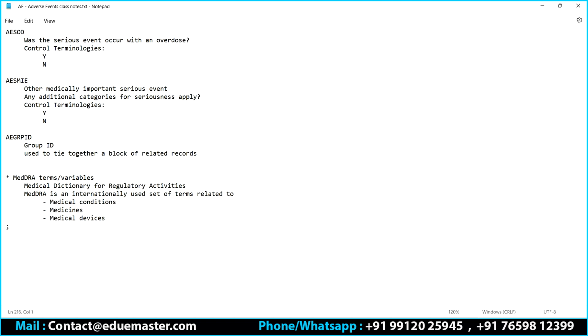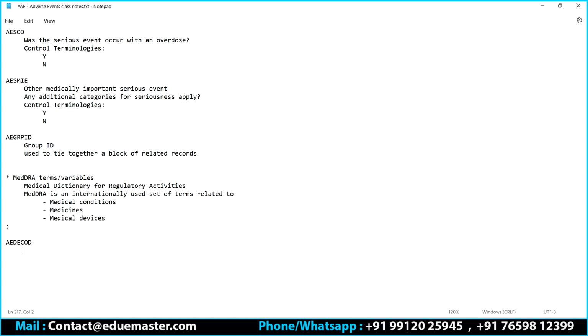So based on MedDRA, we are going to have some specific variables in your adverse events domain. Those we are going to discuss now. The first one is going to be AEDECOD. Simply, I can call it, DE is nothing but dictionary-derived. DE stands for derived, COD stands for code.